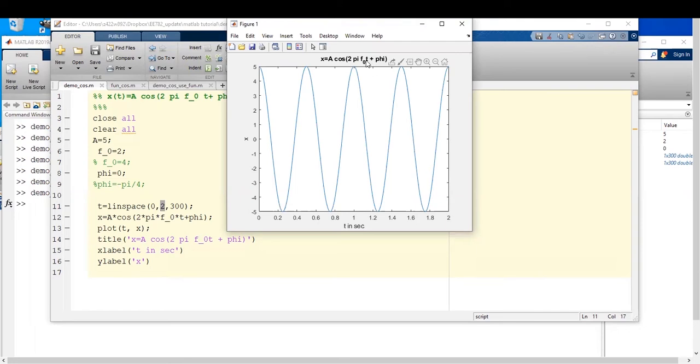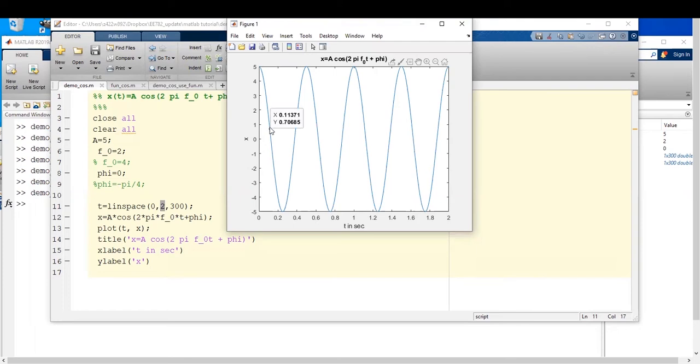Cosine 0 at t equals 0 and phi equals 0 is equal to 1. But the amplitude A is 5, so this cosine signal at t equals 0 is 5. So the magnitude is 5.